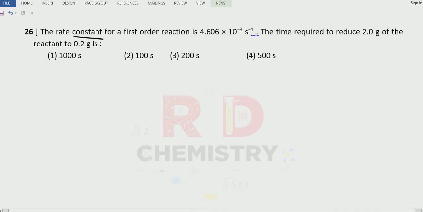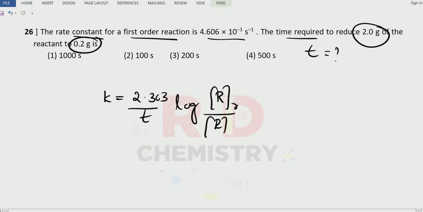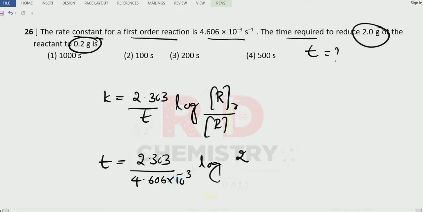Question number 26. Rate constant of the first order reaction given. Time you have to calculate to reduce 2 gram of the substance to become 0.2 gram. If it is a first order reaction, K is equal to 2.303 divided by T log of initial concentration divided by the final concentration, right? So T is equal to 2.303 divided by K, 4.606 into 10 power minus 3, log of initially taken 2 gram, finally 0.2, correct?